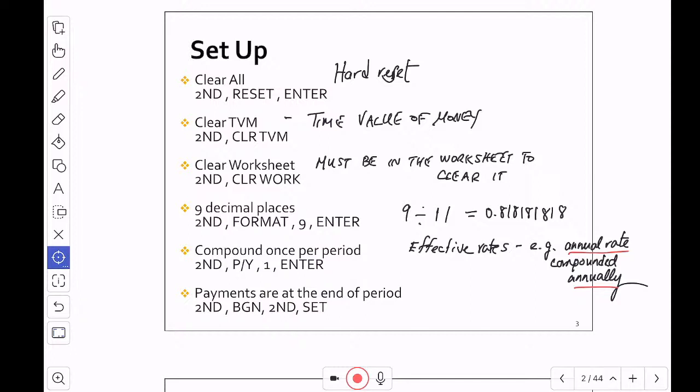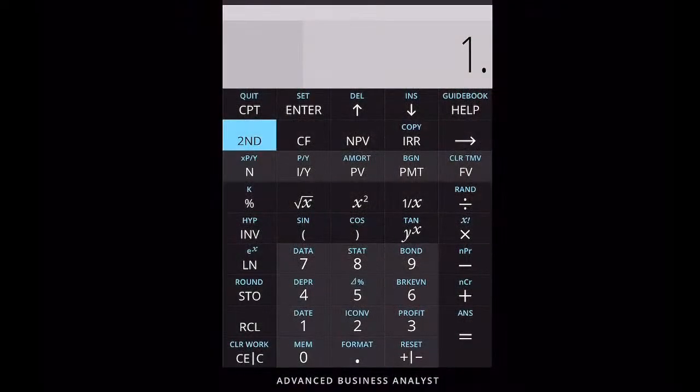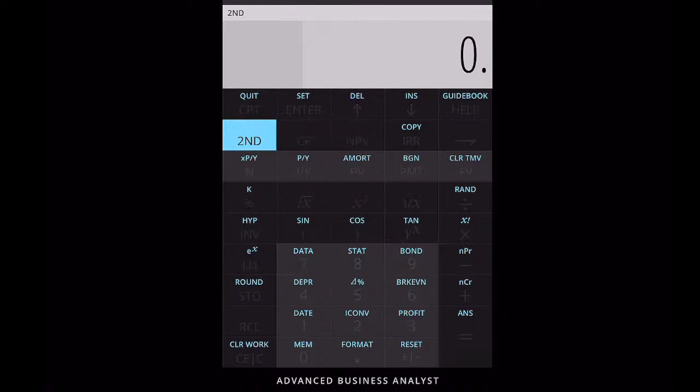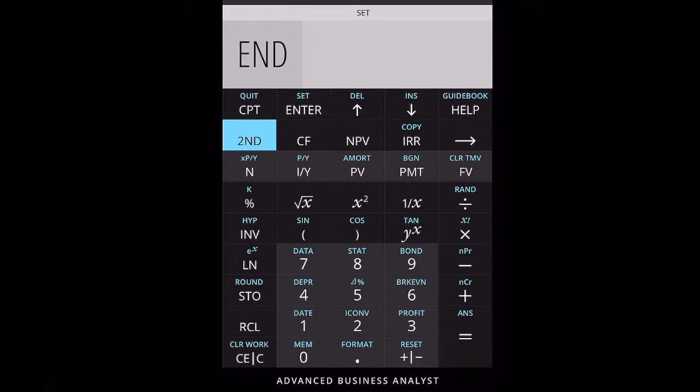So, let's see. If I hit second, now I look for begin, it's here on the time value of money row. Begin. Now on the screen it says end.